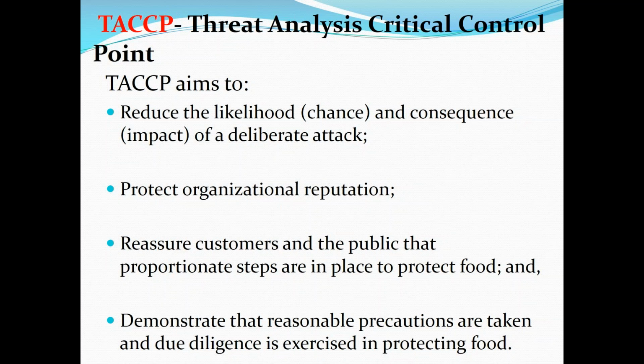And the aim of implementing a TACCP system is to reduce the likelihood and consequence of a deliberate attack, and protect against organizational disreputation, reassure customers and the public that steps have been taken to protect food from intentional contamination, and demonstrate that reasonable precautions are taken and due diligence is exercised in protecting food.